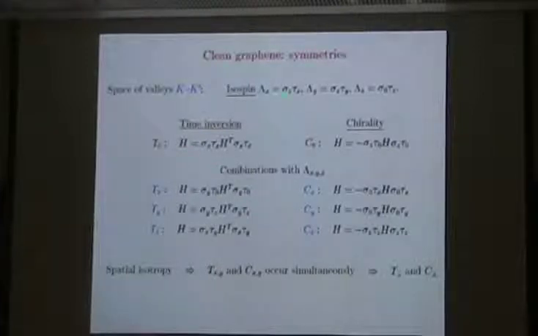The clean graphene has a lot of symmetries. These symmetries are time reversal, true time reversal, a chiral symmetry, a particle-hole symmetry when we sit at the Dirac point, and isospin symmetries between the 2 valleys. Multiplying the components of this isospin with time reversal and chirality, you get 3 more symmetries of the type of time reversal and 3 more chiral symmetries.